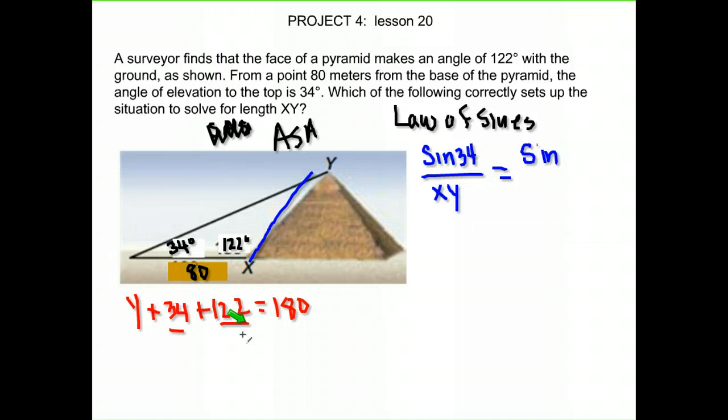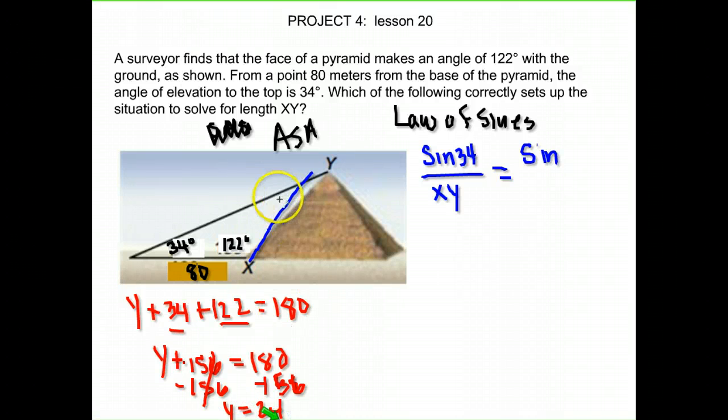I add the two angles I have so far, the 122 and the 34, and that gives me 156 degrees. So how many more degrees are left for that third angle to give us a total of 180? So I just subtract 156 from 180, and I get 24.